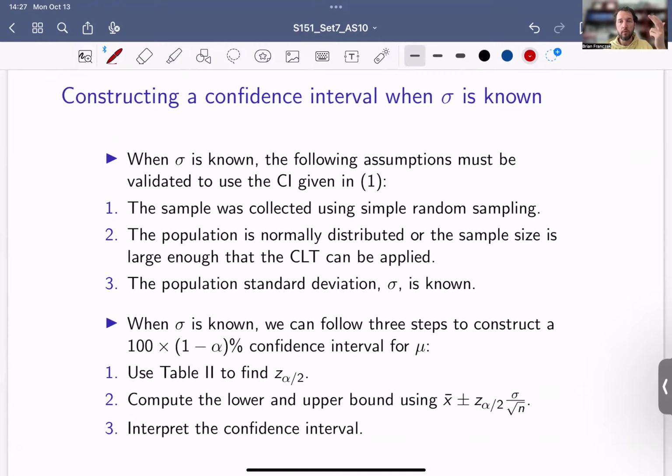We must also be able to say that X bar is approximately normal, which means that we either collected from a normal population or we have enough observations, 30 or more, such that we can apply the central limit theorem. And then again, like I already said, we must have sigma. Given those things are true, we can then follow a three-step process. Find the z-score that we need given the confidence level, compute the margin of error and then the confidence interval, and then interpret this interval.